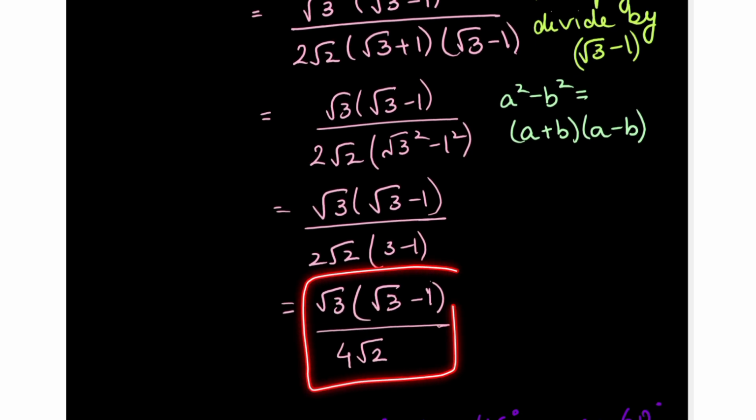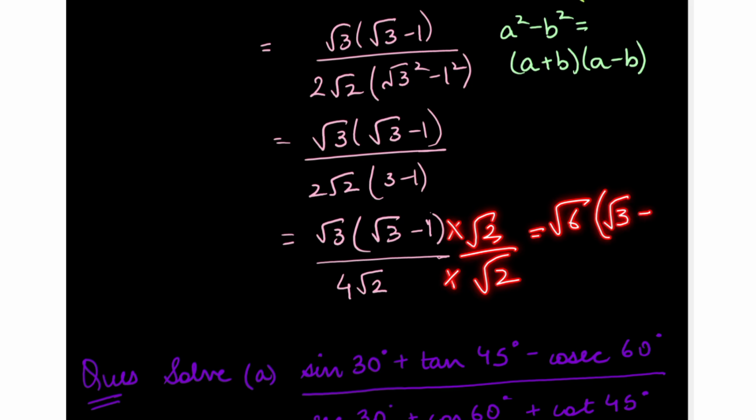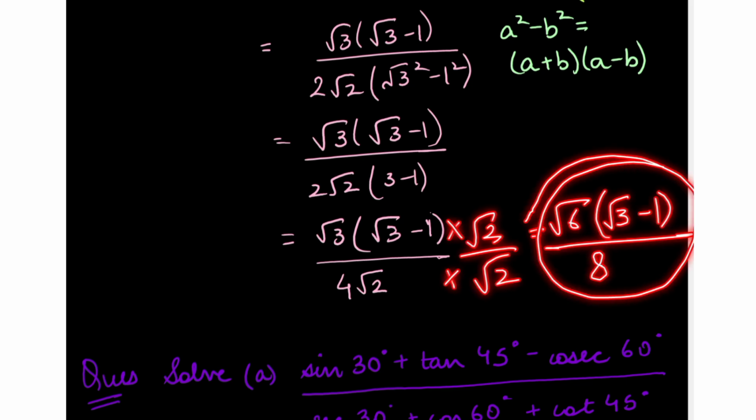Solving this, that is the final value that has come out. Now if we want to remove this root also, we can directly multiply and divide it by root 2. Okay, so this comes out to be root 6 into (root 3 minus 1) divided by 8. This is the final value of the expression.